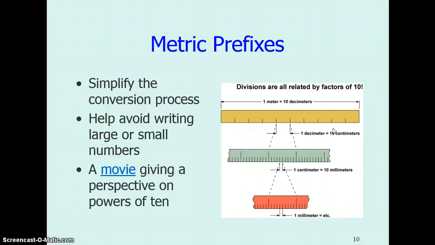You should definitely know the metric prefixes from pico, which means, of course, times 10 to the minus 12th, all the way to tera, which is times 10 to the positive 12th. Okay, so I'll give some examples and so forth of those things.